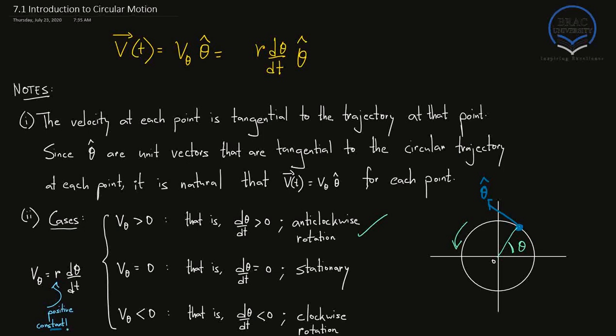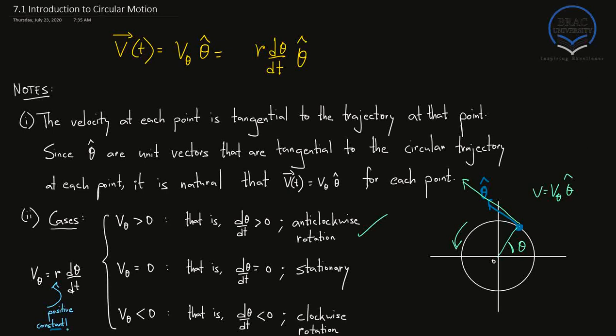By the way, what does the velocity vector look like if v theta is greater than 0? Suppose at this point the velocity vector should point in the same direction as theta hat if v theta is greater than 0. After all, v equals v theta times theta hat, so it points in the same direction as theta hat if v theta is greater than 0.